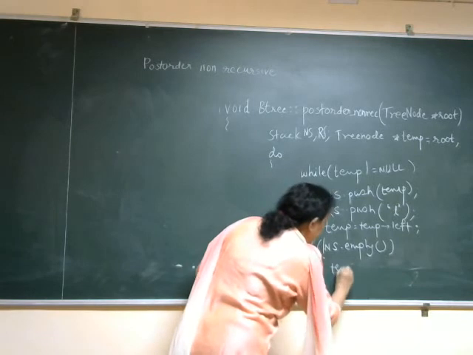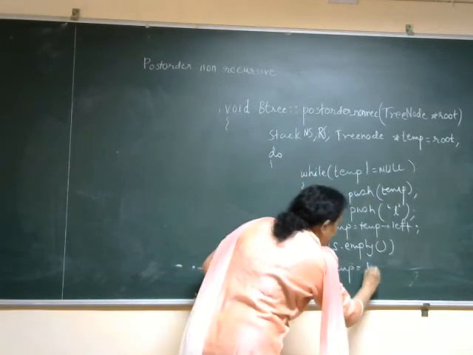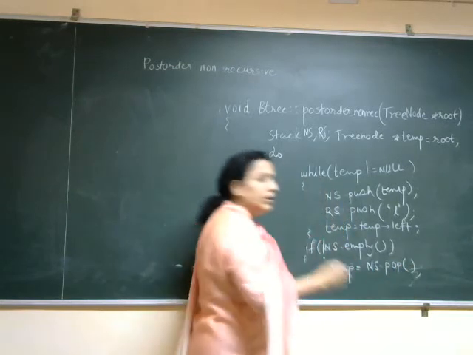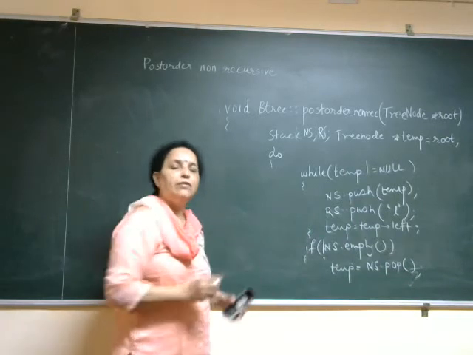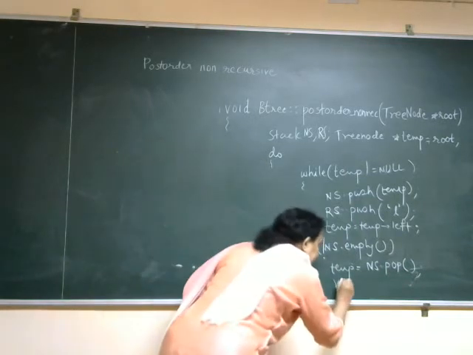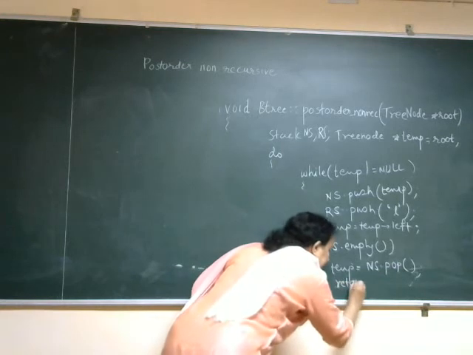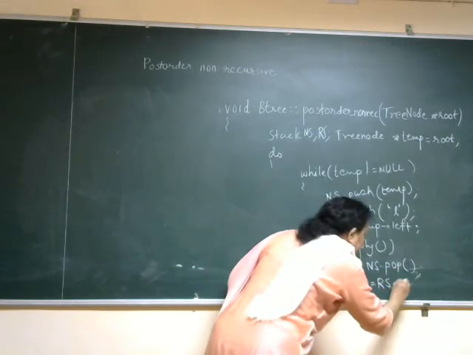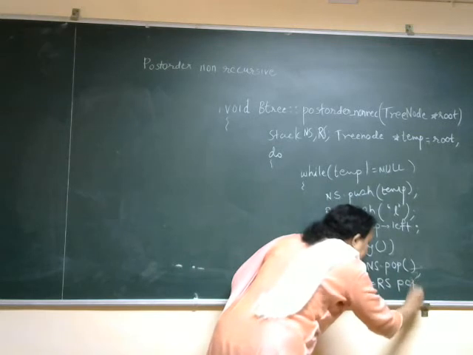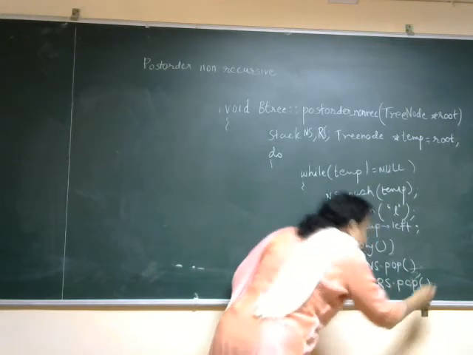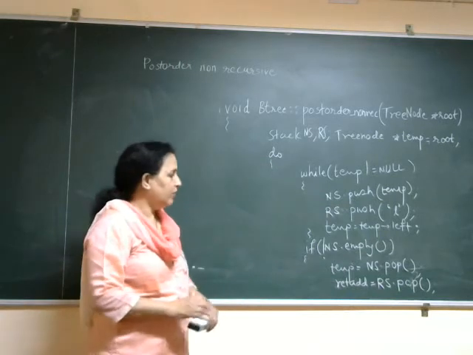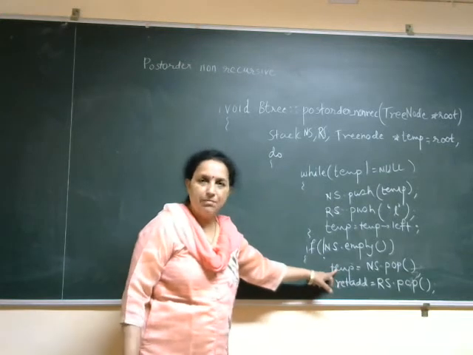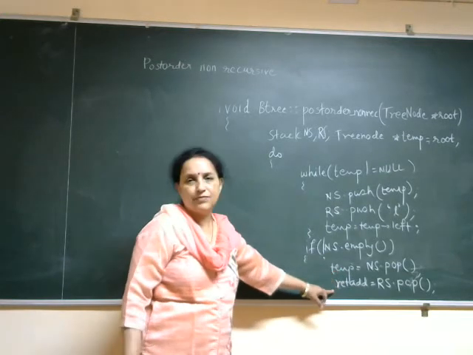So over here I'll write temp is equal to NS dot pop. So pop is a function which is returning whichever is at the top. Then return address I'll get from another stack, that is RS dot pop. So I am taking return address stack as RS and node stack as NS. Okay. So I have got two values, that is temp, that is node, and return address from stack.